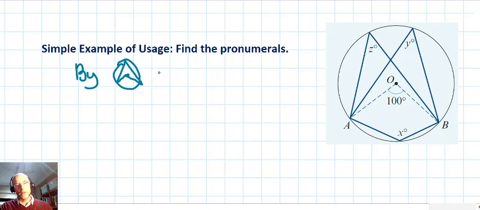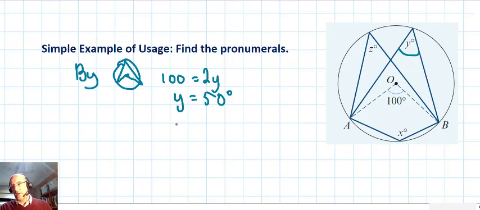We've got 100 there, and so 100 is 2 lots of y according to theorem 1. Sorry, the angle at the circumference is half the angle at the center, so the angle at the circumference will be 50. So y is 50 degrees.